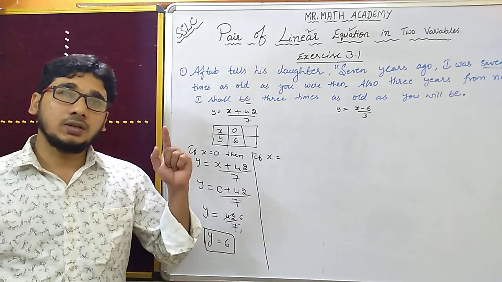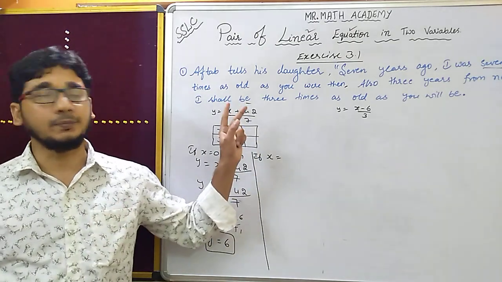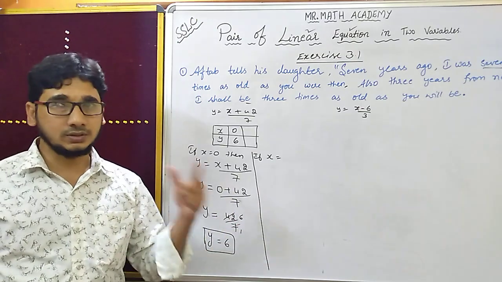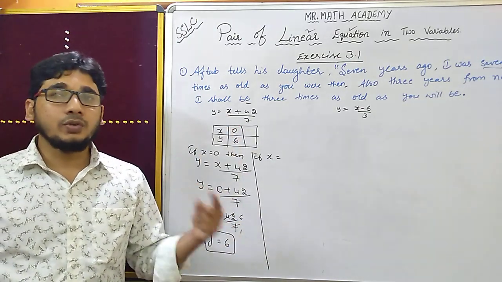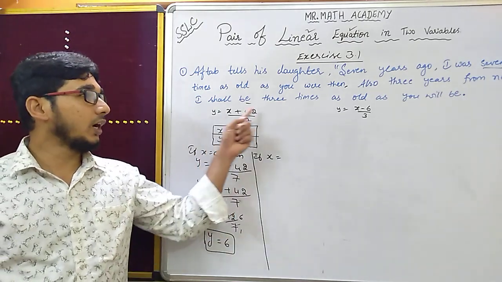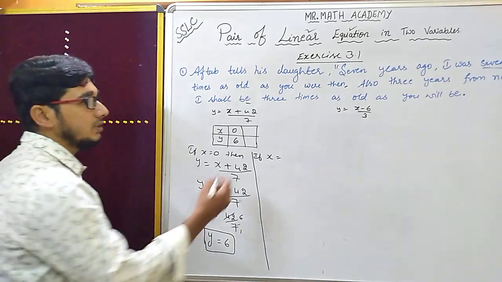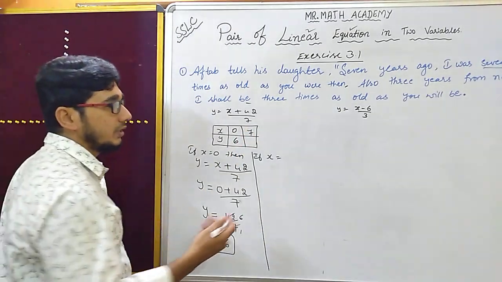Let us take a number in such a way that it divides completely. 42 is divisible by 7, that is 6. Now I have to take a value for x in such a way that when you add both, it should also be divisible by 7. So I will consider 7 here. For x, I am considering 7.